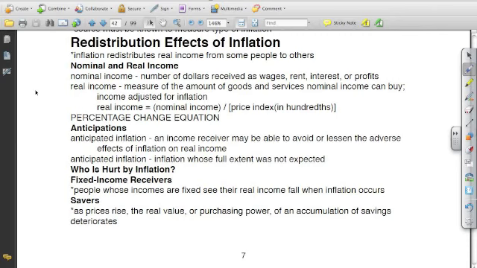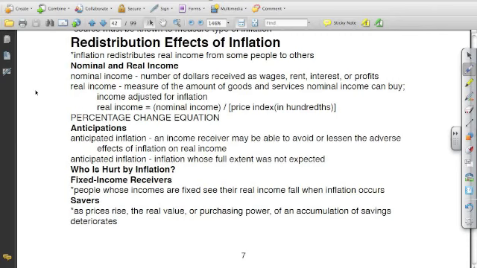When we look at nominal income, that's the number of dollars received as wages, rents, interest, or profits. So that's just normal, what you see on your paycheck. Our real income is a measurement of our nominal income when we adjust it for inflation.